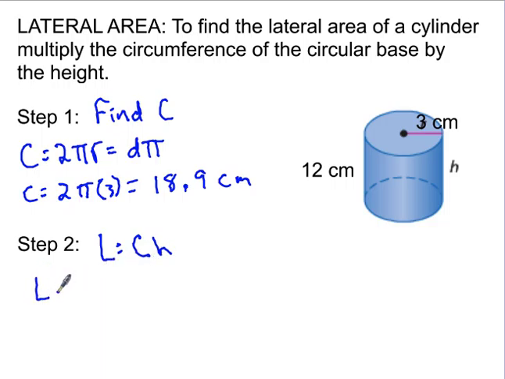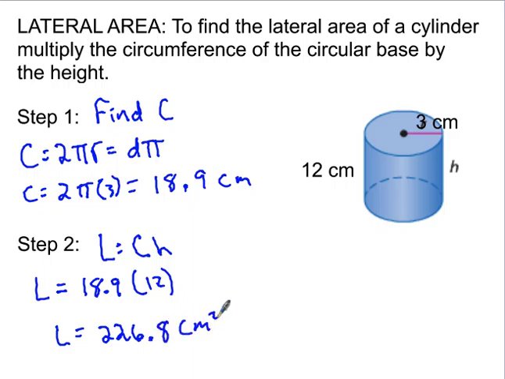So lateral area of this cylinder will be 18.9 times 12. 226.8 centimeters squared. So that's lateral area of a cylinder.